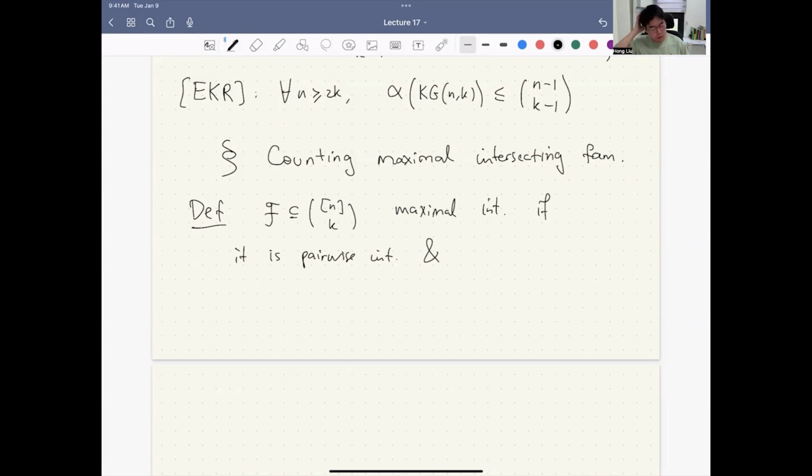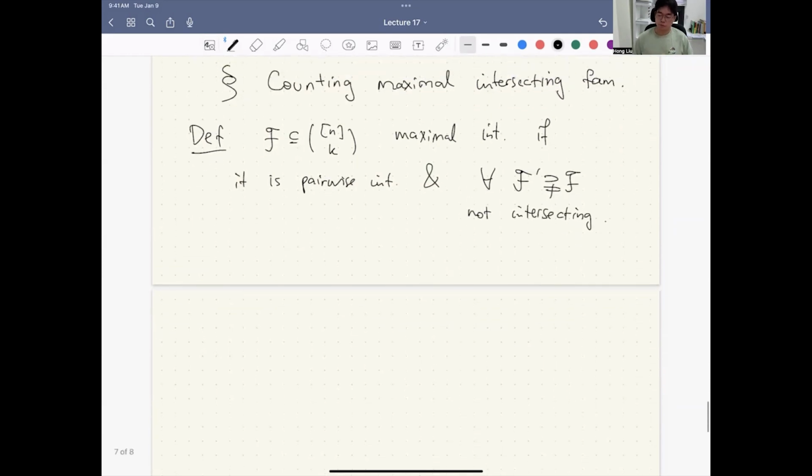How do I write it? The simplest way: for any F' containing F properly, F' is not intersecting. Any proper superfamily is not intersecting anymore.